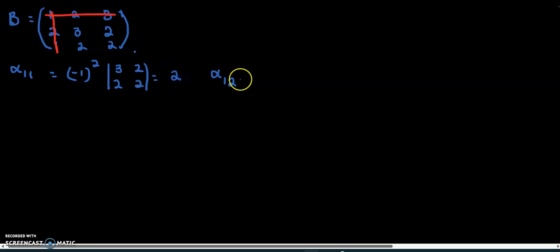Alpha 1,2. We're going to now take off our first row again, but the second column now, and we remain with minus 1 to the power 1 plus 2, and then we're going to get 2, 2, 1, 2. And that will give us negative 2.